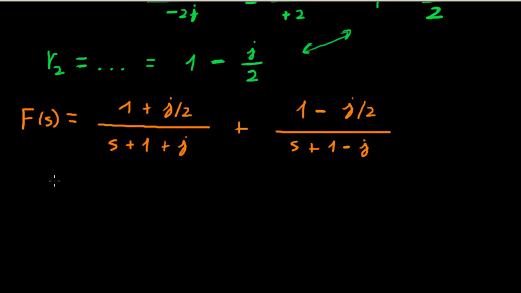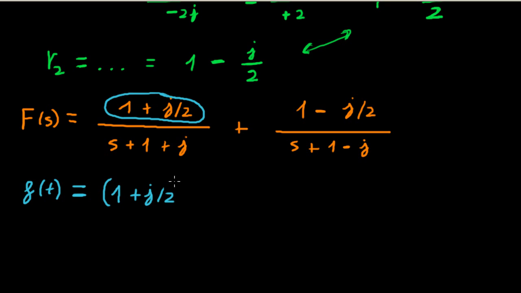And now we go to the Laplace transform table, and it's exactly the same as in the other example. f(t) is equal to, this is multiplying (1 + j)/2, the exponential, and the pole is here, e^((-1 - j)t), just like in the other example with real numbers.